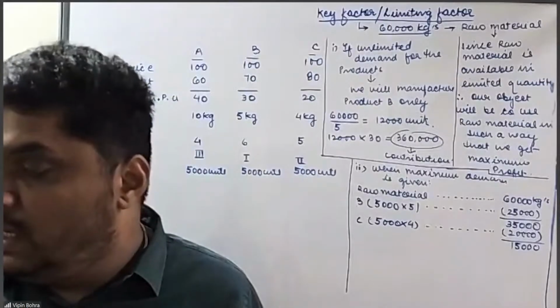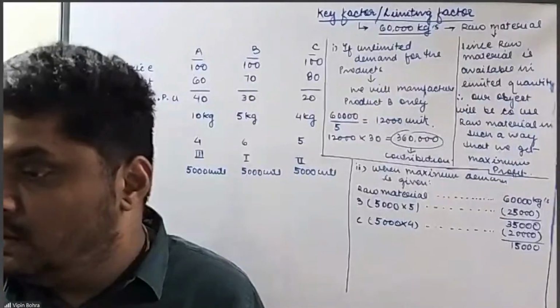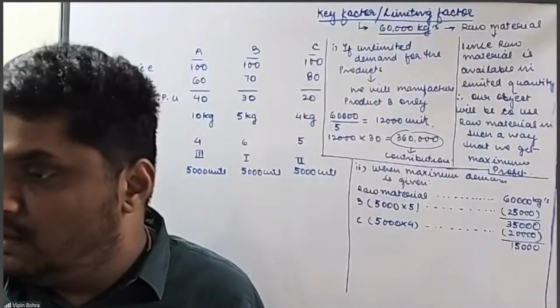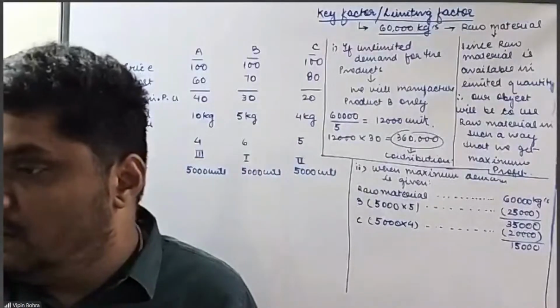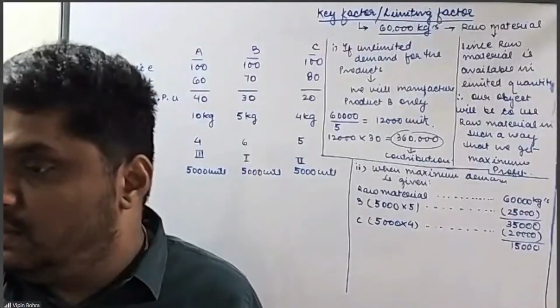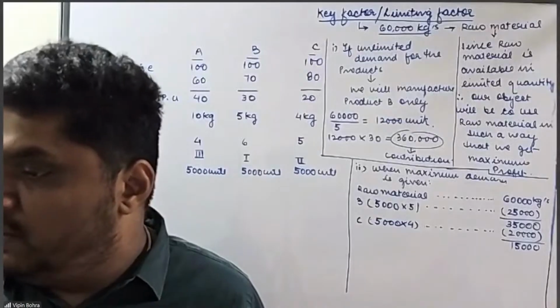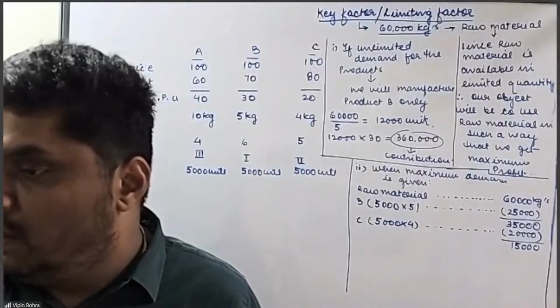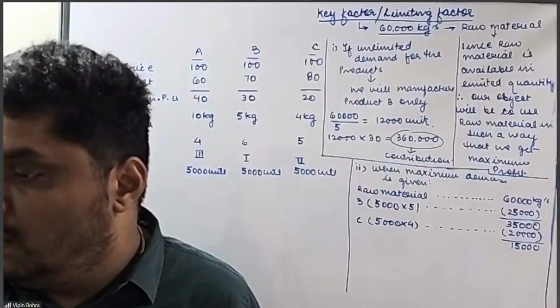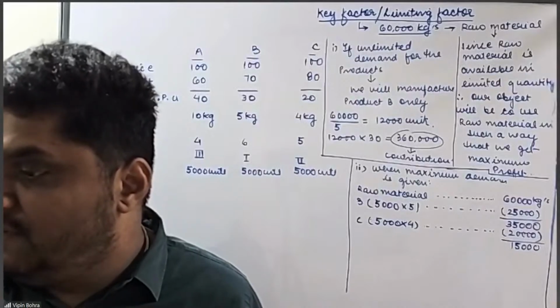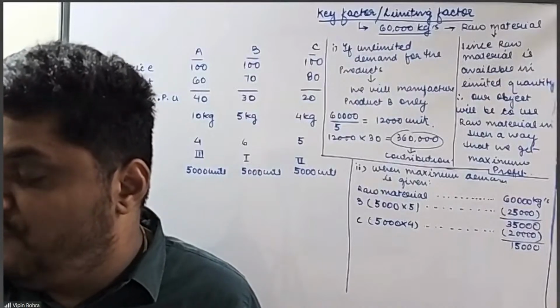Very good, Meenu. Correct answer. Very good, Pooja. Yes, Rohan, Anil, Mujahid, Mohammed, Jayendra. Very good, Sunil Kumar. It's not 3750, Sunil Kumar. It is 1500.